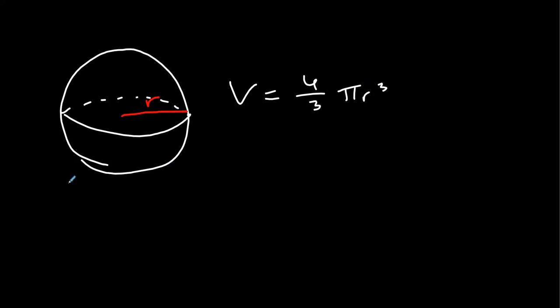Okay, let's move to the circle formulae. So if you have a circle, and then you have the radius and the diameter of the circle. So the radius is r, diameter is d. And of course, the radius is simply half the diameter, so d is 2r.